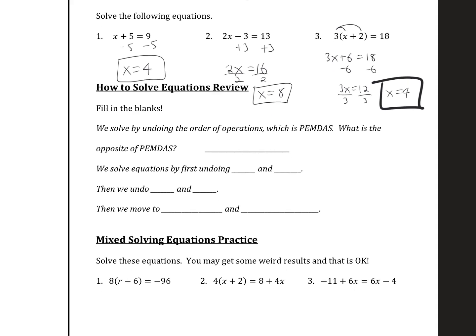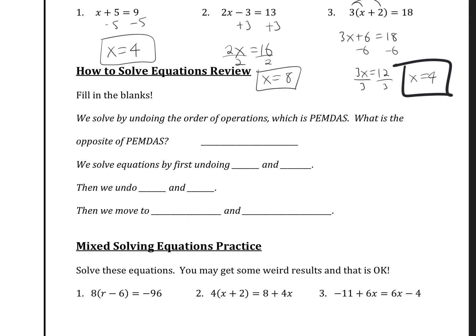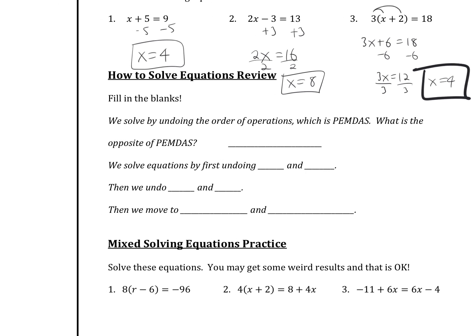So we have this thing here. It says fill in the blanks. So why don't you guys see if you can fill in these blanks here, for what we do to solve. Okay, give it a try. So for solving, we are kind of undoing order of operations, which is PEMDAS. The opposite of PEMDAS is going to be SADMEP, right? So instead of doing parentheses first, exponents, we're actually going to undo going this way.